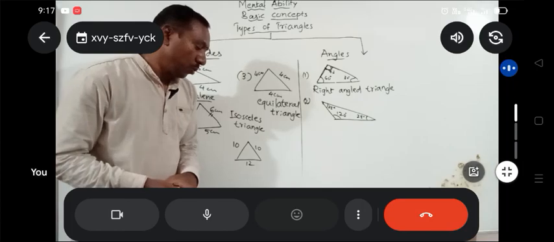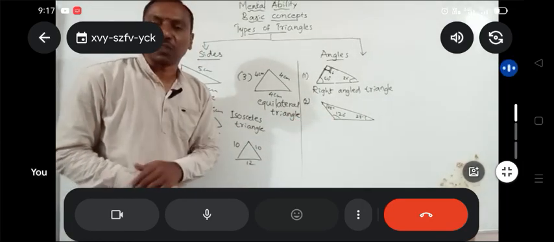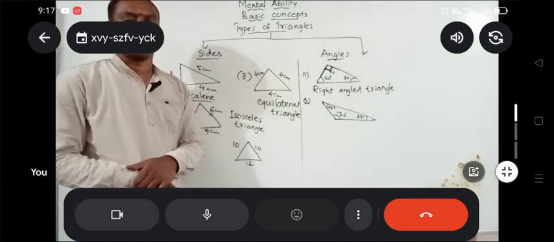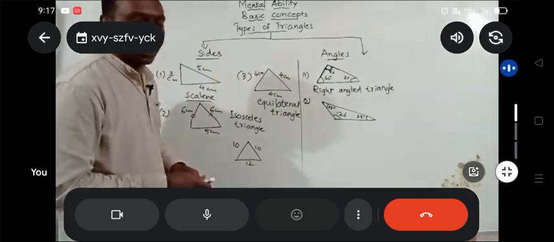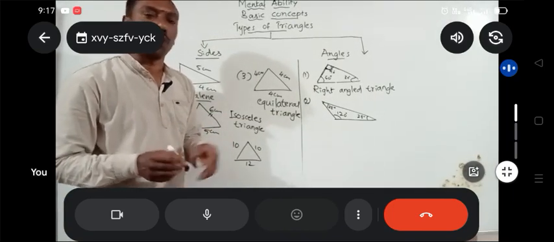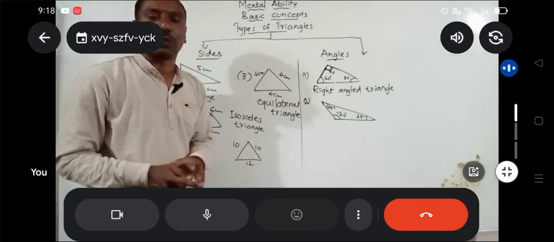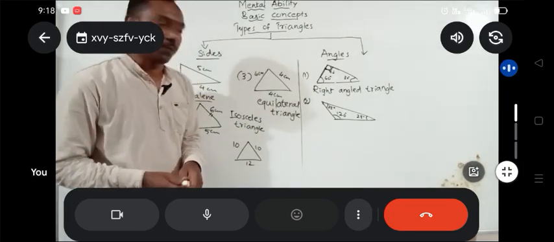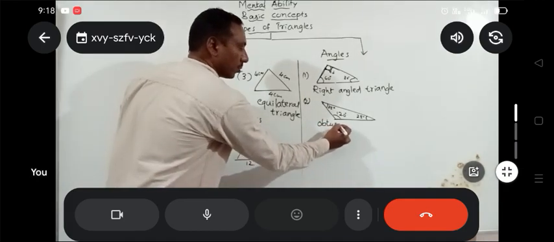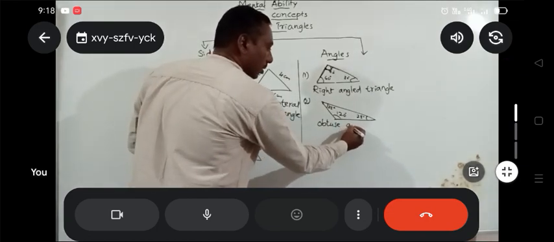Now, Sahana, can you tell me, 120 degrees, what kind of an angle is it? Sir, obtuse angle. Excellent. It is an obtuse angle triangle. When one of the angles is an obtuse angle, can anybody tell me the meaning of obtuse angle? Sai Prasad, can you elaborate? Sir, above 90 degrees. Above 90 degrees and below?